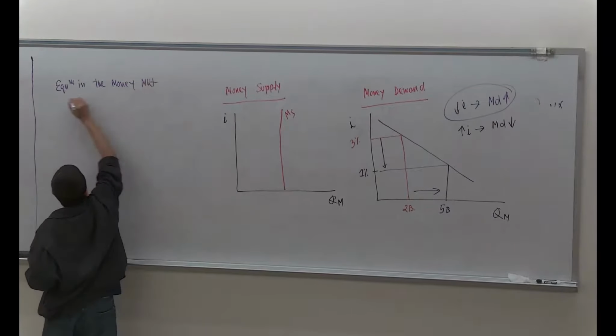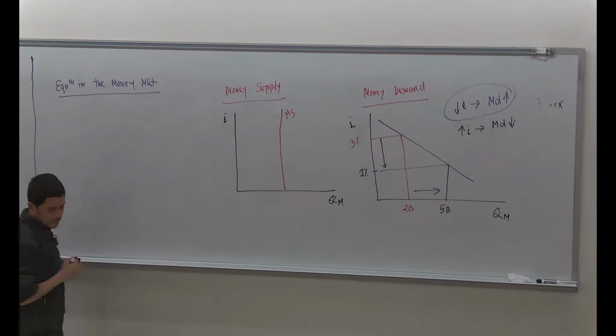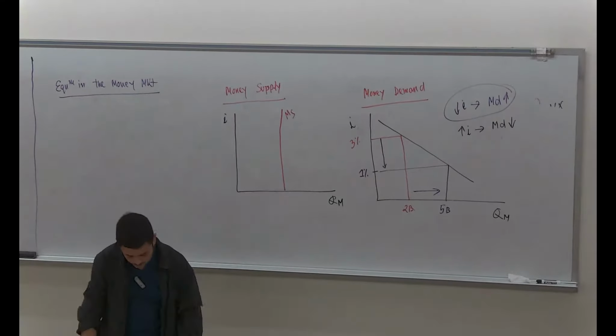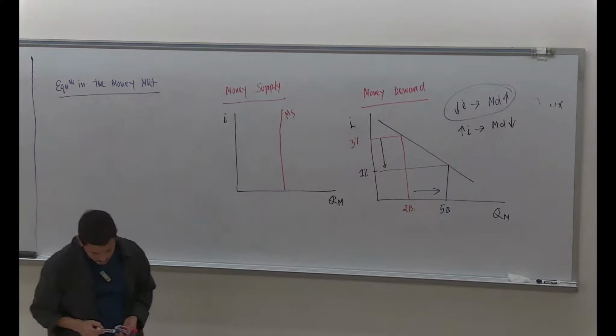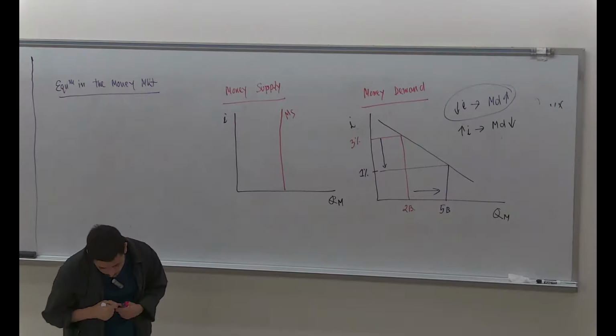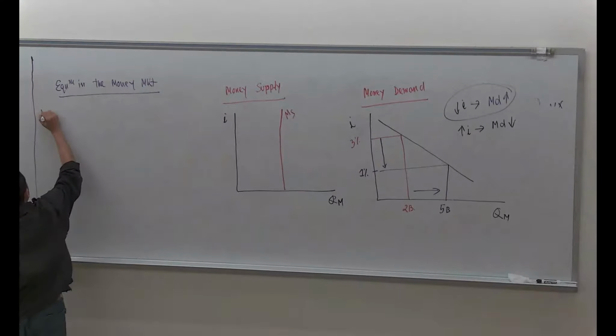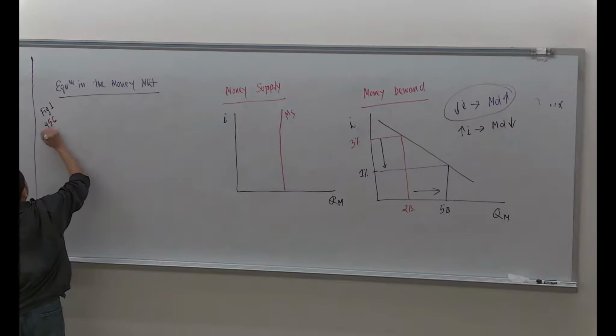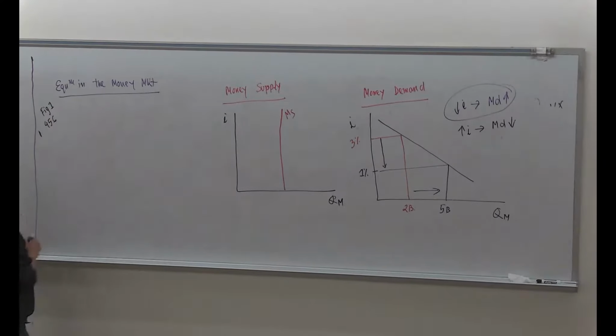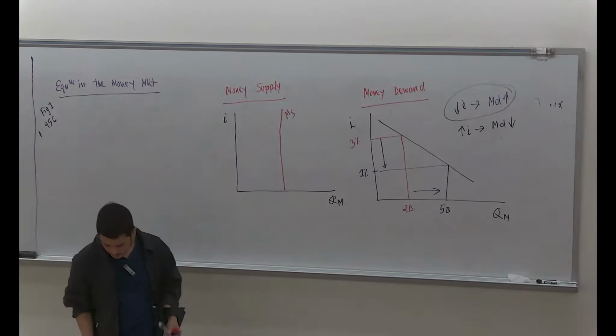What is the price? Here the price is the interest rate. Now I'll explain the equilibrium in the money market.